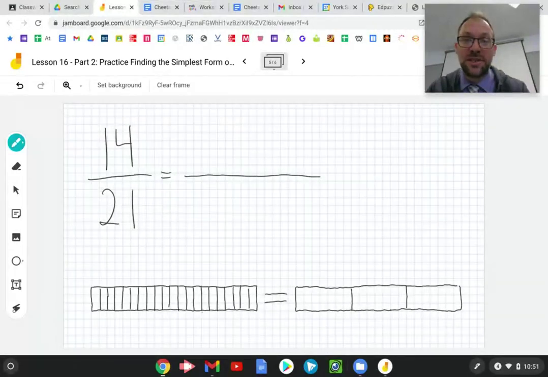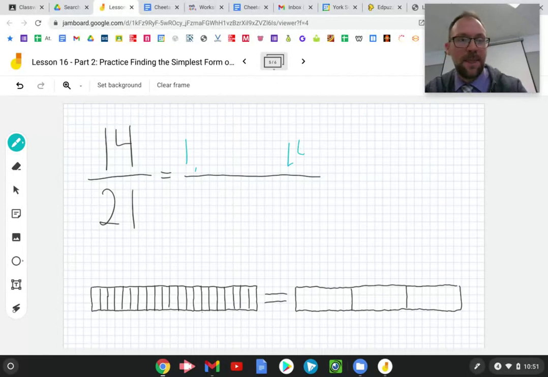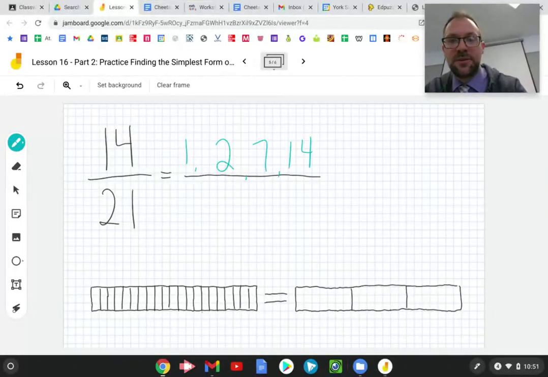So let's factor 14. 1 times 14. Let me erase that. And 2 times 7. All right, you're going to factor 21 for me. Go ahead and get that done right now. Okay, did you come up with 1 times 21 and 3 times 7?